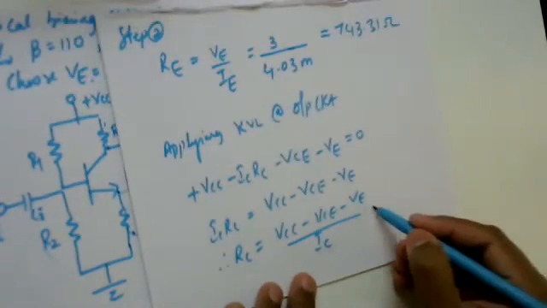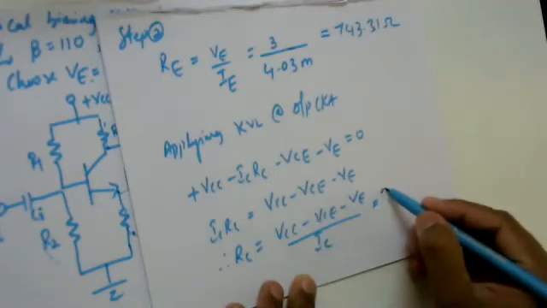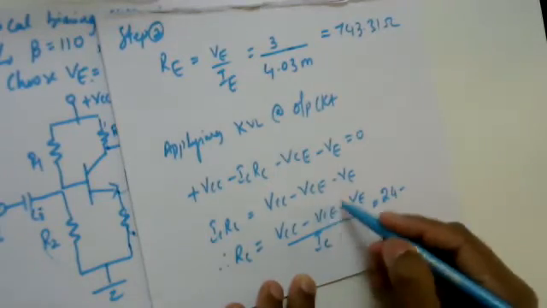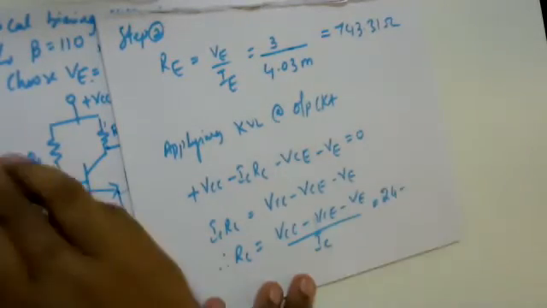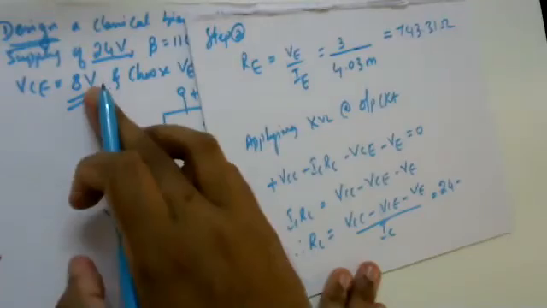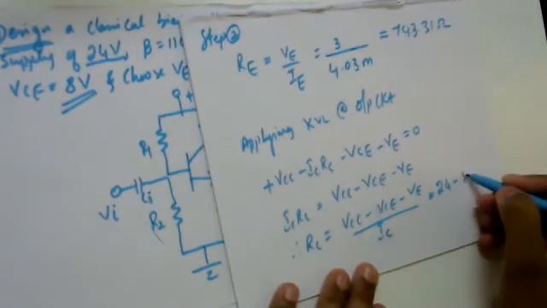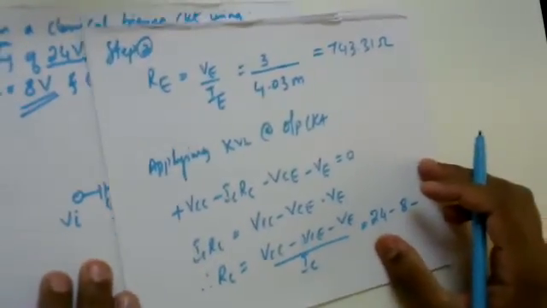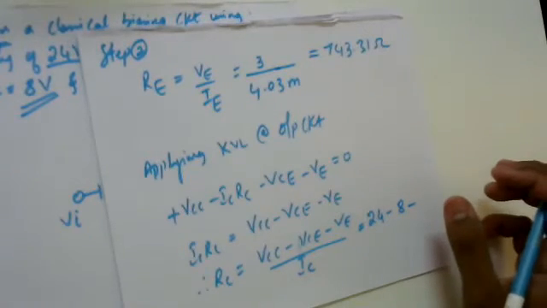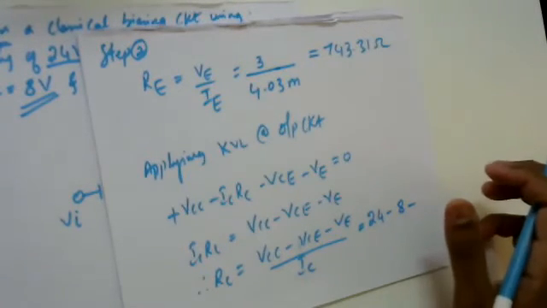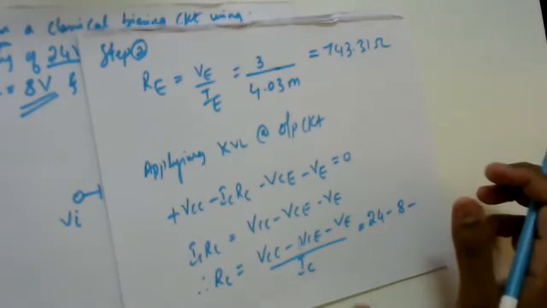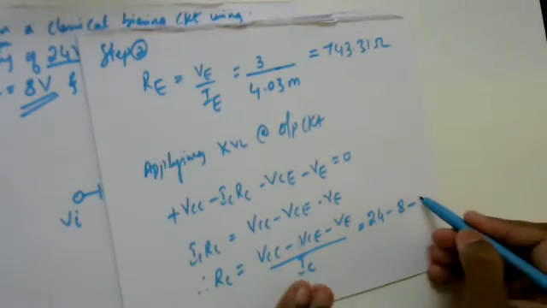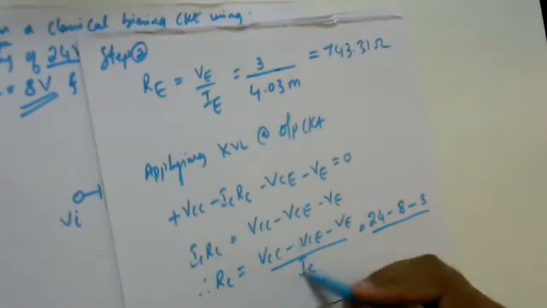So this will be equal to, what's the value of VCC? 24 volts. What is the value of VCE? He has given us the value of VCE as 8 volts. Minus 8 minus VE, emitter voltage. That also he has given us, saying that it should be 1/8 of the VCC, which is equal to 3 volts, divided by IC.